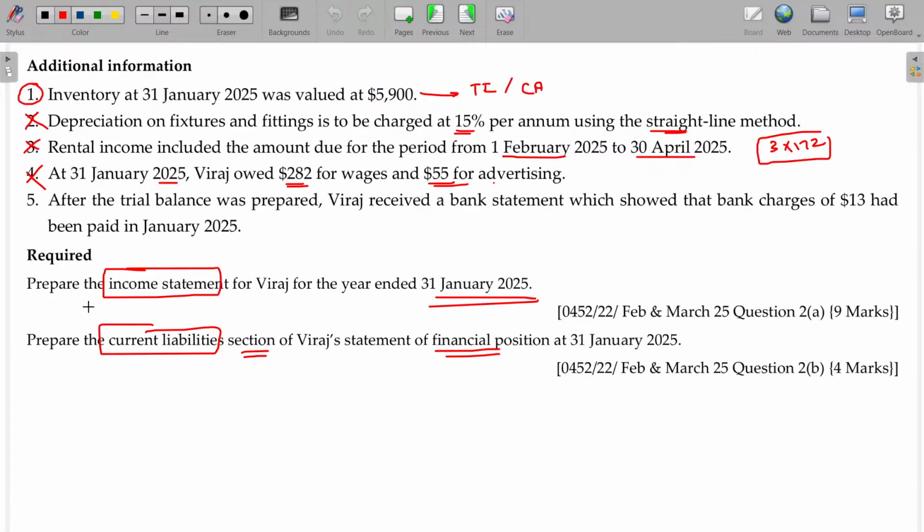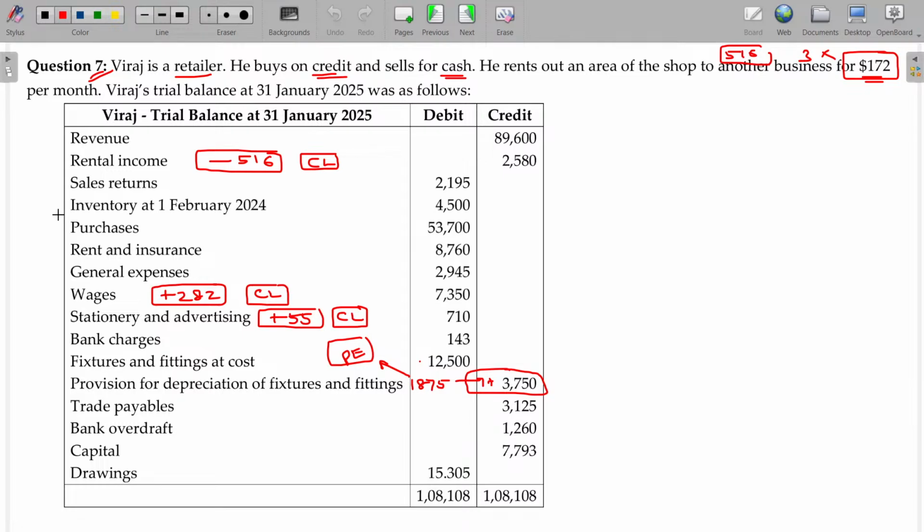And then after the trial balance was prepared, Viraj received a bank statement which showed that bank charges of 13 had been paid in January 2025. So after the receipt of the bank statement only we came to know we had paid the bank charges. This will be added to the bank charges, and it will be subtracted from the bank account, but we already have the bank overdraft, so the negative will be added.